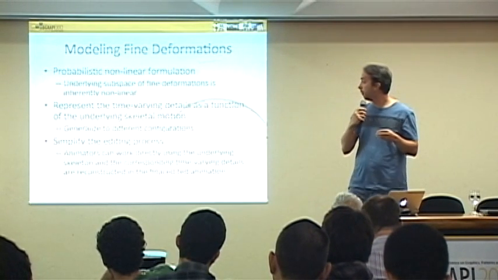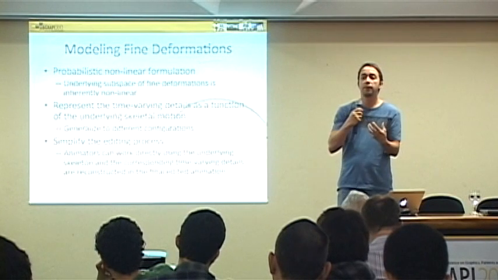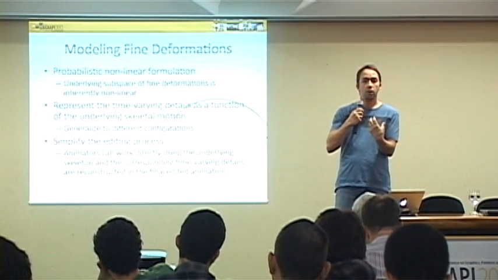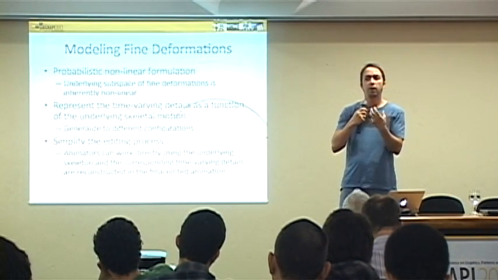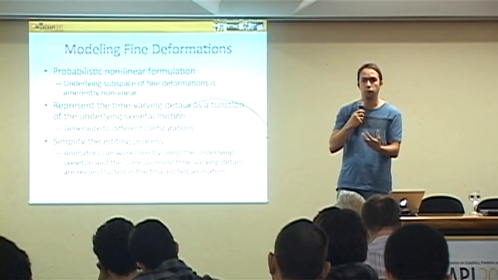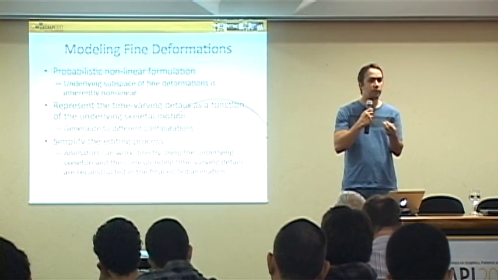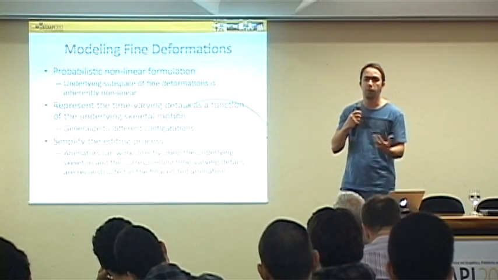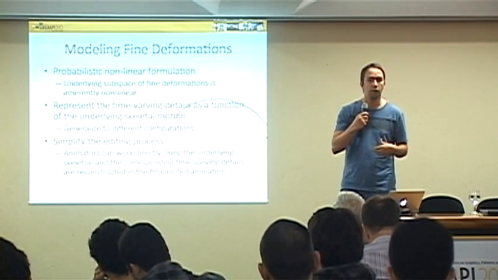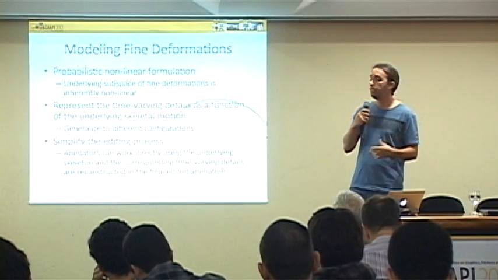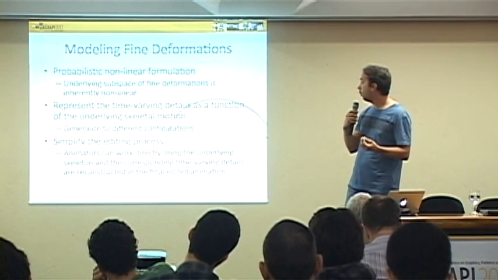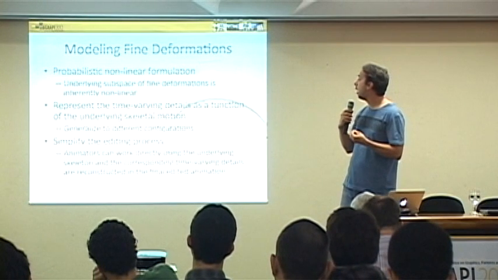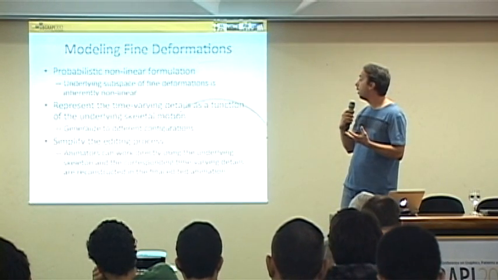Which means that we probably cannot find a linear formulation that will be able to represent all these details that you have when, for instance, cloth is waving, or when the skin is moving. So which means we are representing the time-varying details as a function.